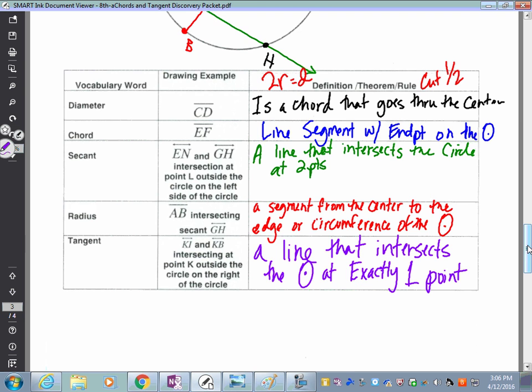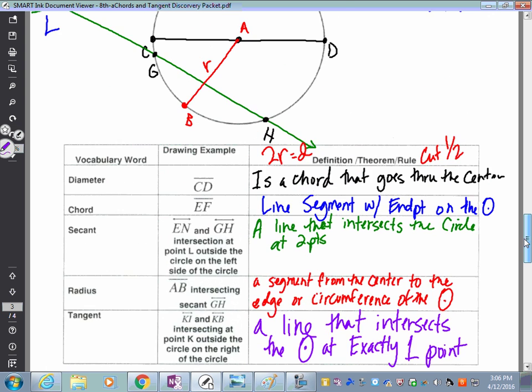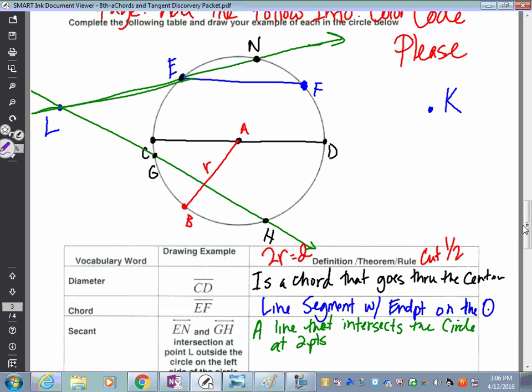So I'm going to let you get the definition down, and then we're going to pick a point off the circle, and we're going to do the edge to the point K. I know we got KI and KB, but we're not going to stress that. So let's say I'm picking this edge right here, this point on the circle. Pick a point on the circle. I'm going to do the bottom half, and I'm going to do the top half. Use your protractor because mine's going to be off a little bit.